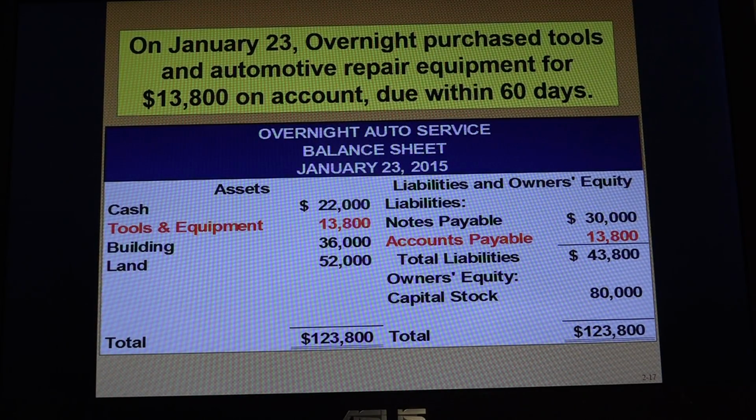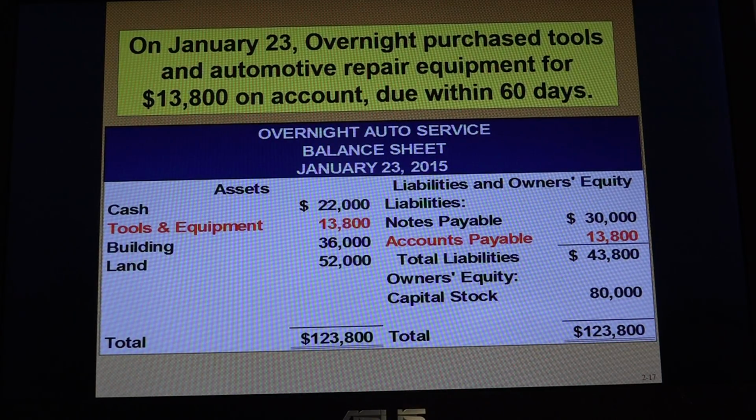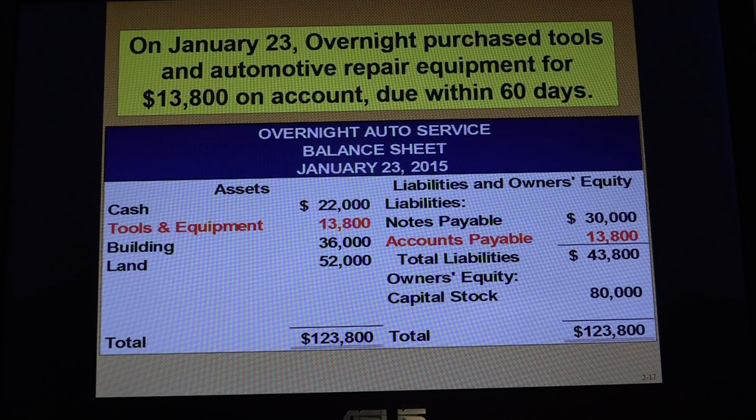On January 23rd, Overnight purchased tools and automotive repair equipment for $13,800 on account. When we say on account, that means it was purchased on credit. So anytime you see the words on account, it just means they purchased it on credit, and it's due.